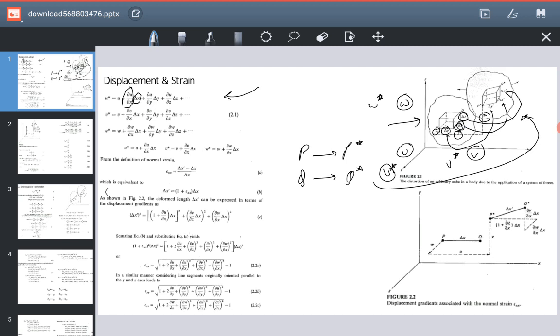Okay. We can have higher order terms, like delta x square, delta y square and delta z square.